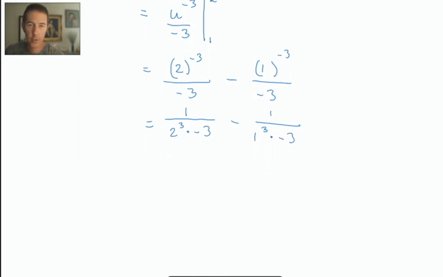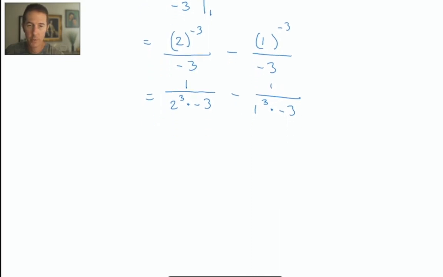There are multiple ways to make sense out of the arithmetic that we're doing here. Ultimately, though, this ends up being 1 over negative 24. I'm going to write it as negative 1 over 24. And this is plus 1 over 3. The double negative here and here changed into a plus sign.